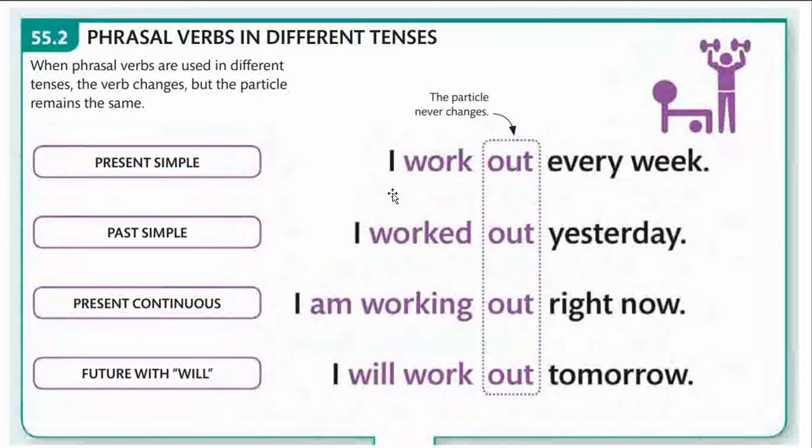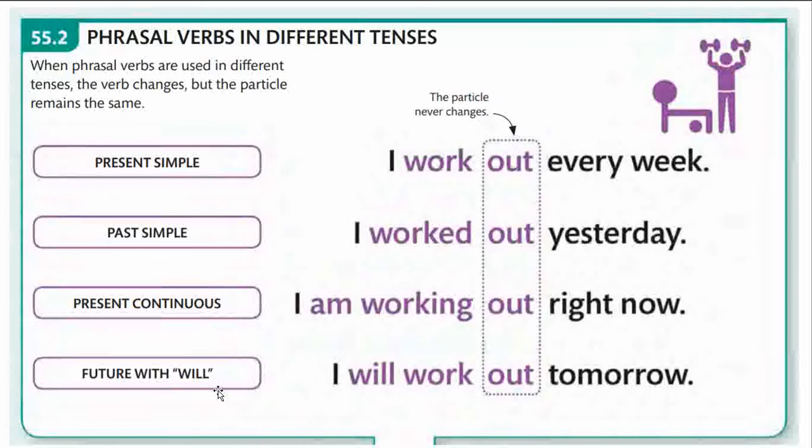In the present simple, I work out every week. Over here, work out means exercise. Now the simple past is, I worked out yesterday. That means I exercised yesterday. Present continuous is, I am working out right now. Working out means I'm exercising right now.